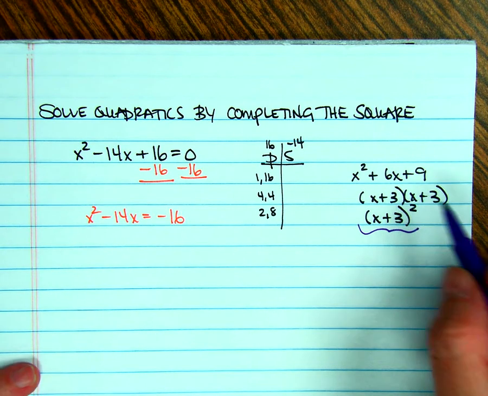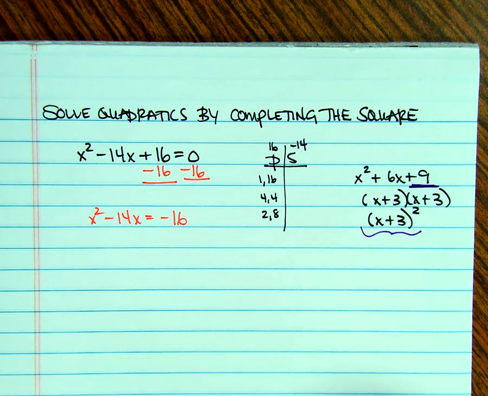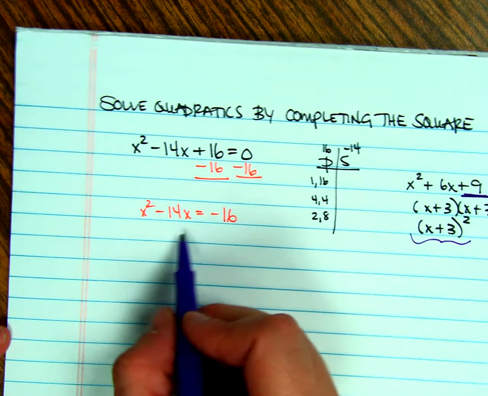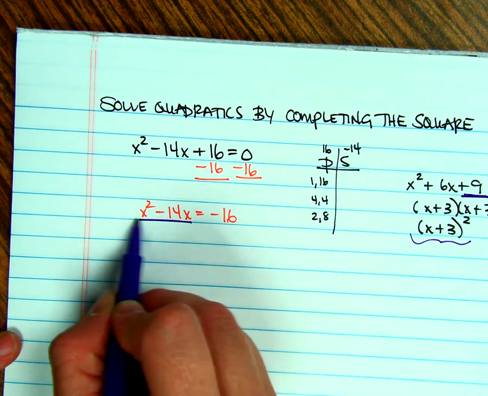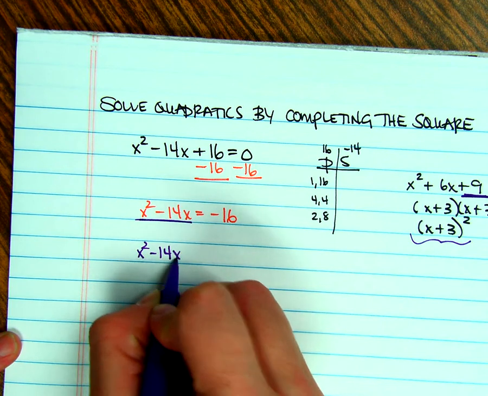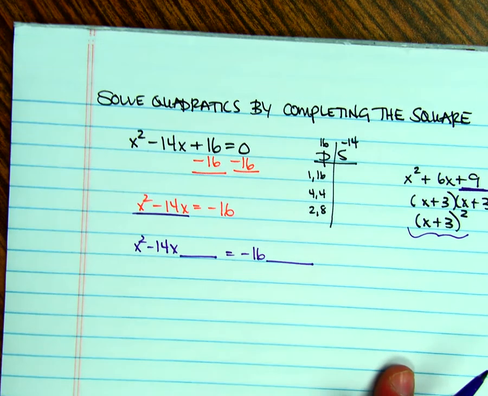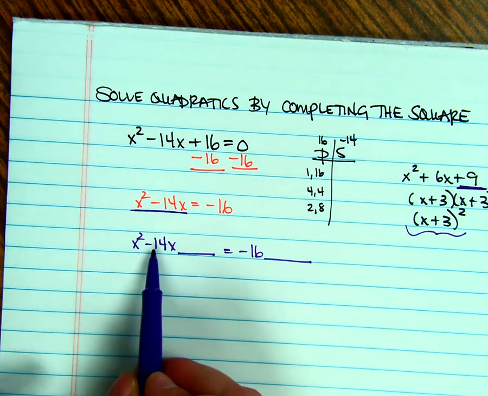We are going to figure out what number would make this a perfect trinomial square. So let's go back to this. What number would I add to both sides that would make this a perfect square?